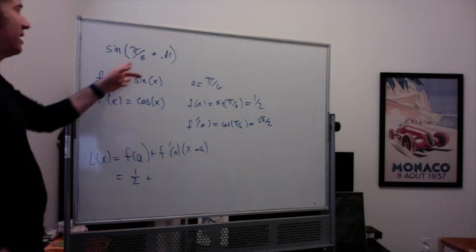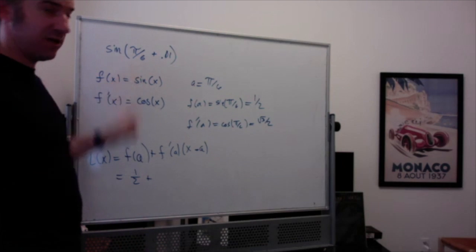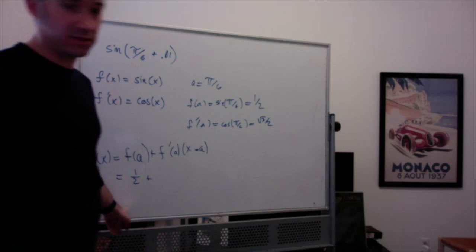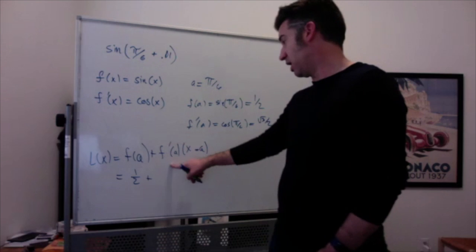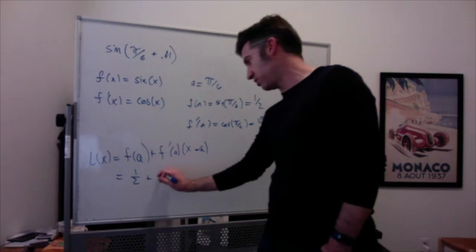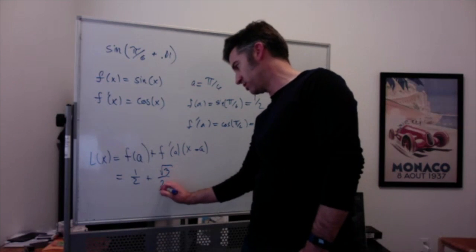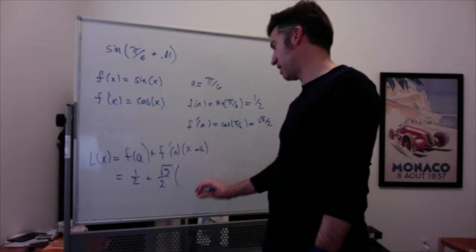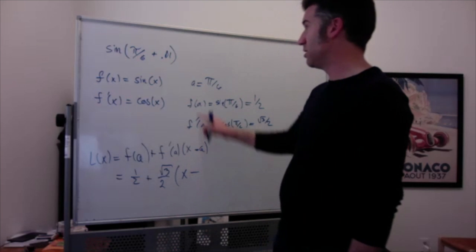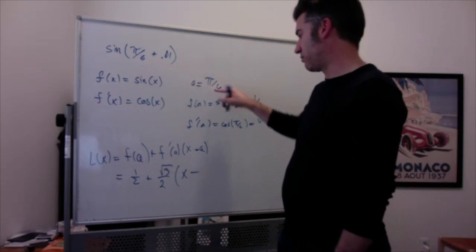If we're taking the sine of something close to pi over 6, our answer should be close to what sine of pi over 6 is, which is 1/2. So whatever this is over here, it shouldn't be much. F prime of a is root 3 over 2. Already I'm feeling terrible about this. Actually, I think we're wrong just because the numbers aren't nice. And then x minus a is x minus, our a value is pi over 6.